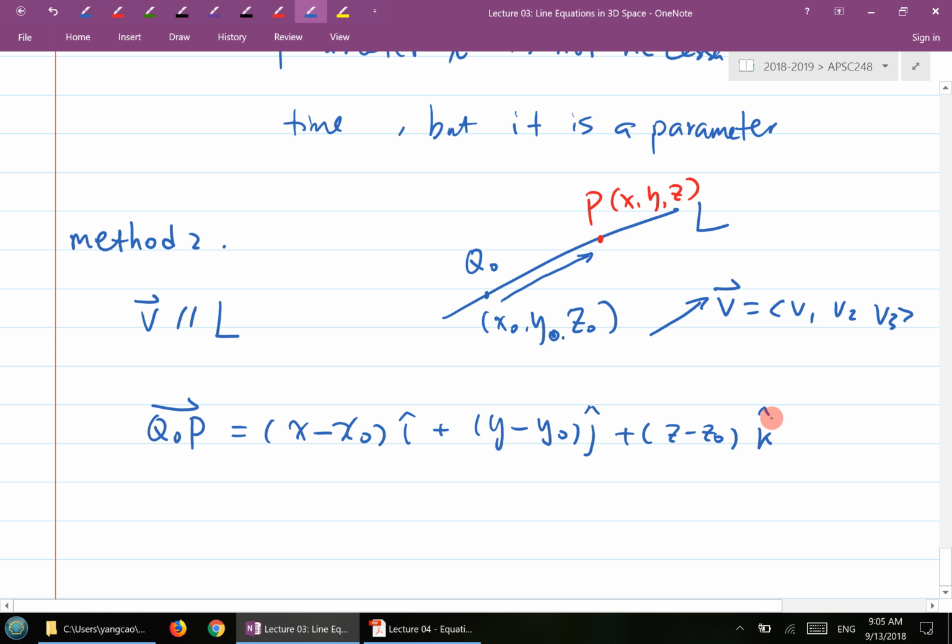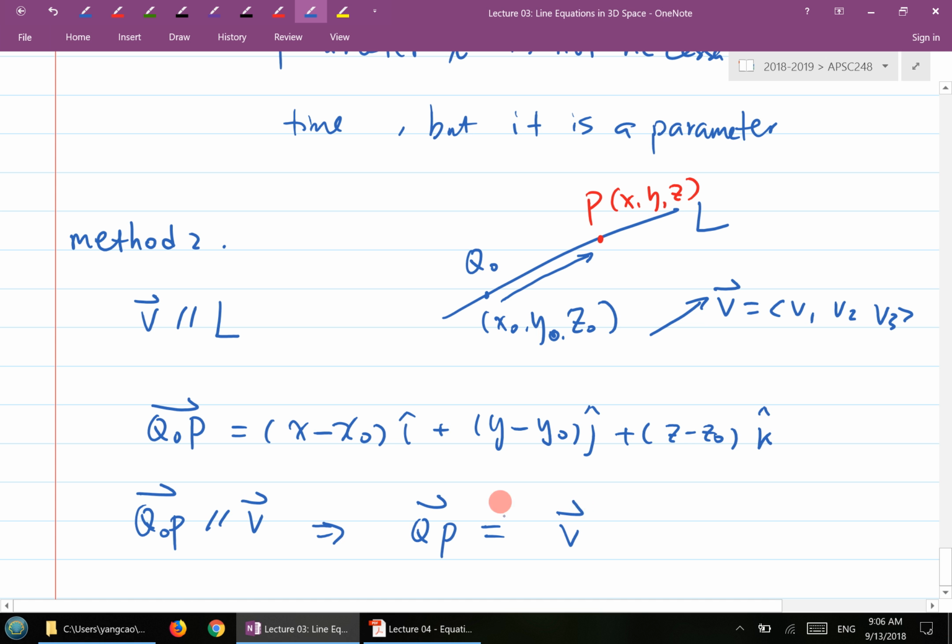Once you have the Q0P vector, the next step is, because V is parallel to L, that naturally means the Q0P vector must be parallel to V, right? So if Q0P is parallel to V, translating into a mathematical expression, it means Q0P and V must be a scale or multiple of each other.